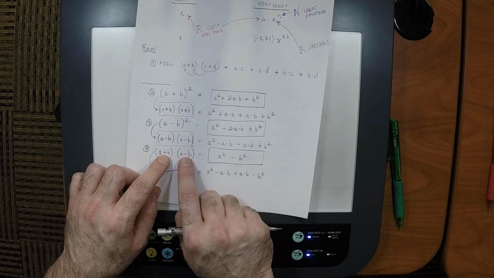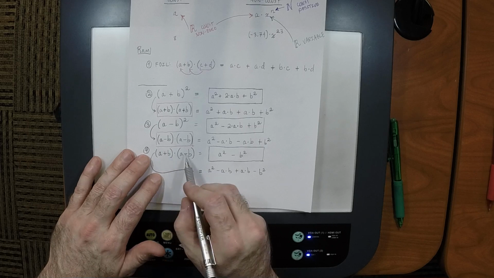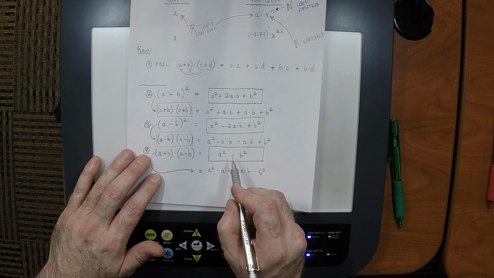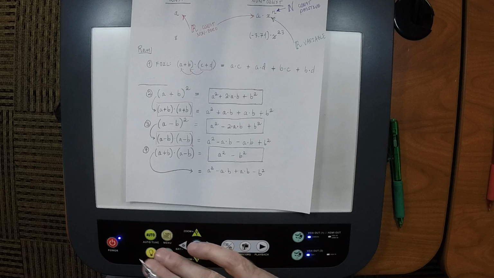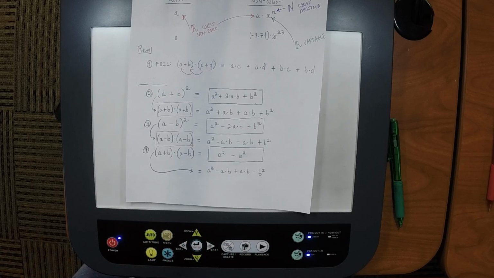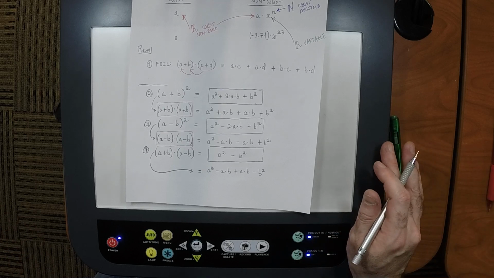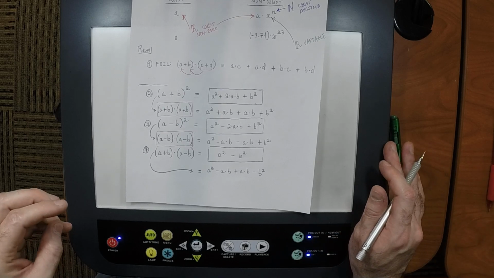And the purpose of the conjugacy is that when you multiply two conjugates, there's no mixed terms. There's no AB. The problem on Friday was that we tried to multiply by 1, but because we didn't use the conjugate, we ended up with mixed terms. We couldn't squash all the square roots.